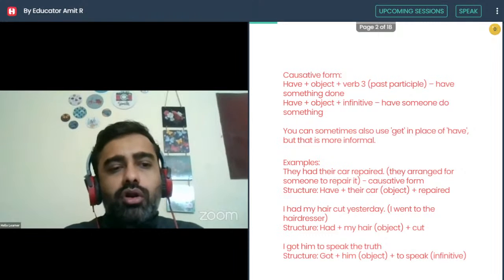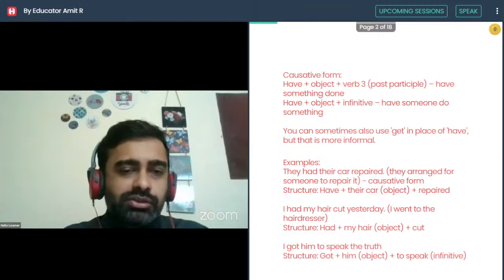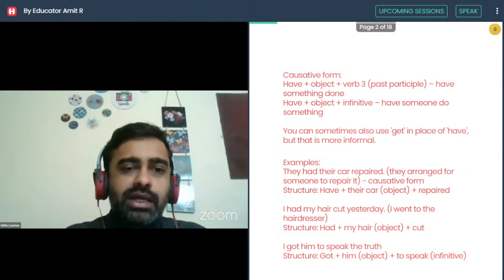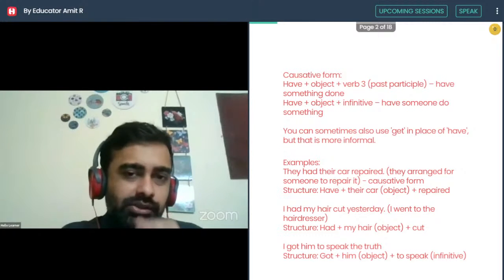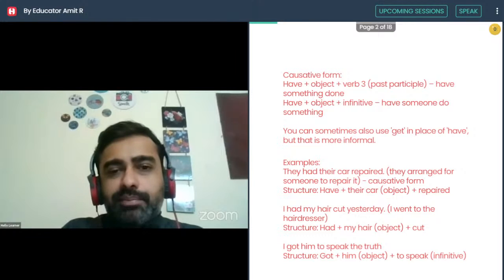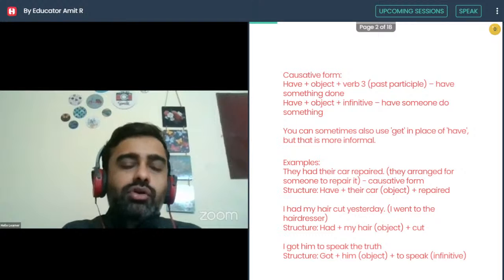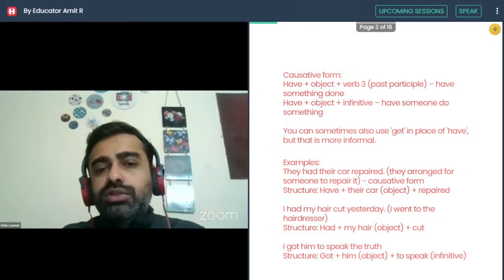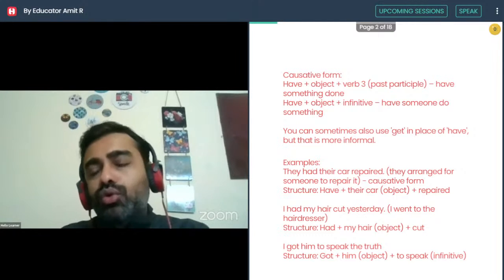That's why they used it in the past tense. But have and got, it's not in terms of the form of the verb, or because the infinitive changes, the past participle changes. No, don't get confused with that. That's not the right way of putting it across. The formula is given as a basic structure. But obviously, it depends on the tense that you are using, right? It's not about the formula, it's about how you use the tense, whether the action happened in the past, in the present, or it's going to happen in the future.